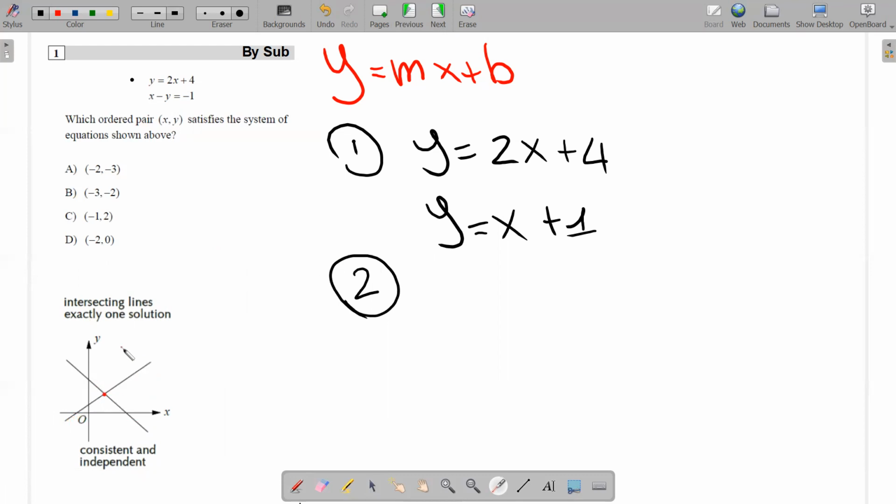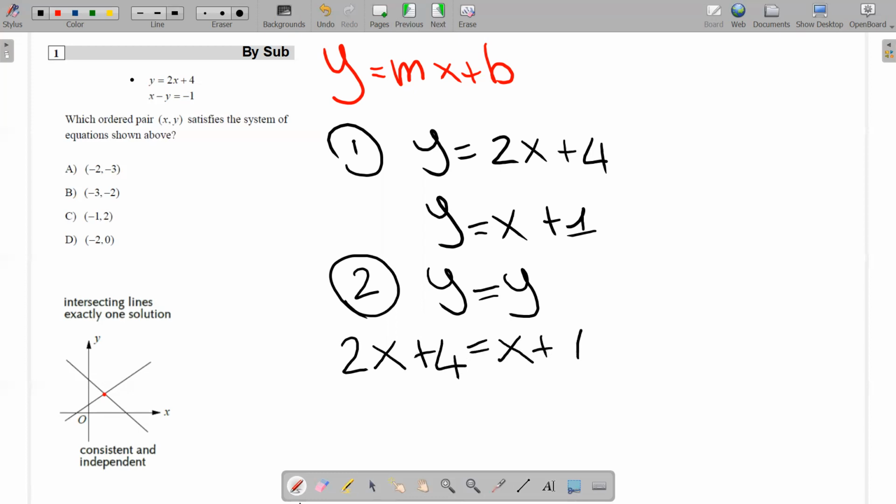So at that point, the y from the first equation will be equal to the y of the second equation, as well as the x and the x. Because of that, I can say, instead of y equals y, I can say 2x plus 4 is equal to x plus 1. That's it.